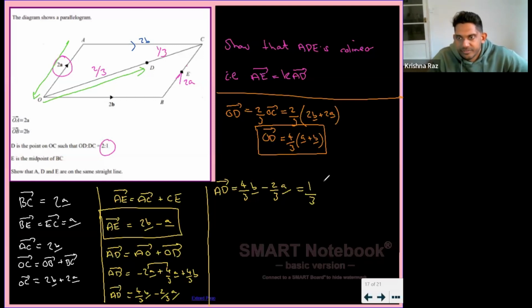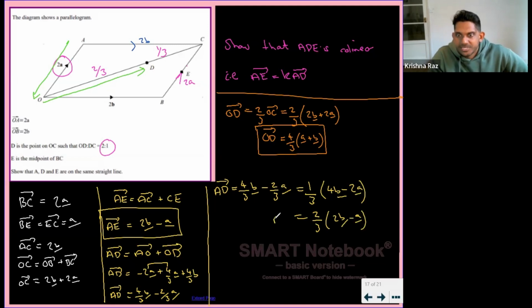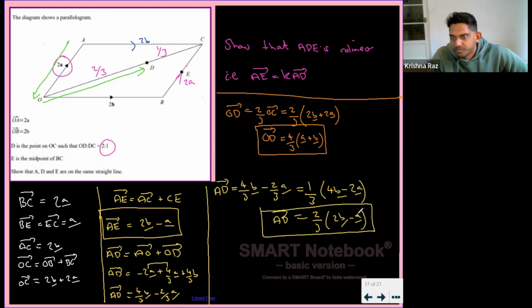Let's take the third out first. We've got 4B minus 2A. And then you can see, additionally, there's another factor of 2. So we can see AD is a multiple of 2B minus A.